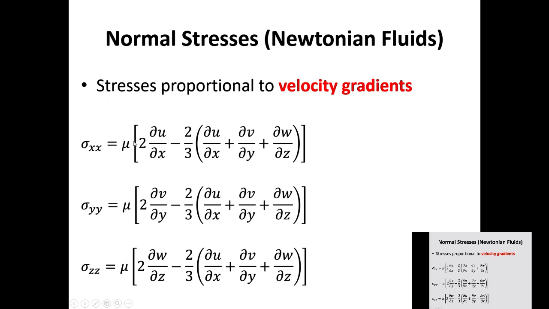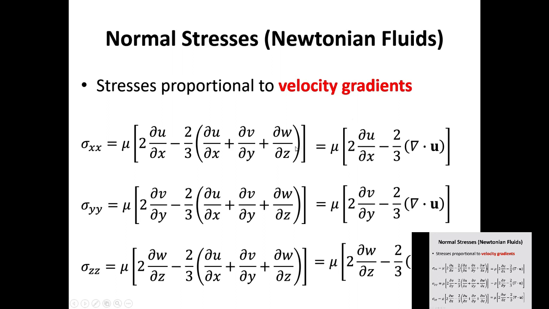So your normal stresses can be replaced with velocity gradients. Now this element is actually nabla dot u, so therefore we can add them. We can replace the equation using mu times 2 ∂u/∂x minus 2/3 of nabla dot u.